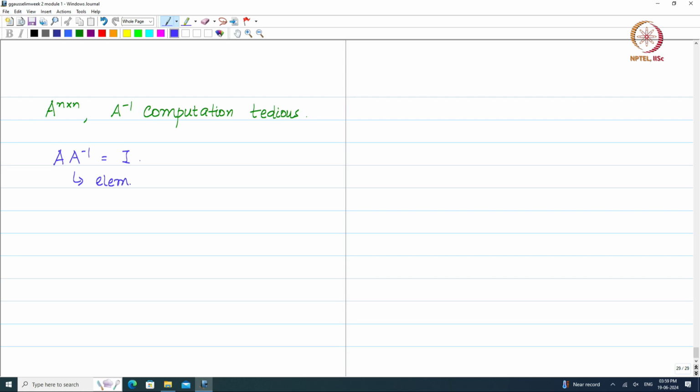Consider the following matrix: A is equal to 1 2 3, 3 1 2, 2 3 1.